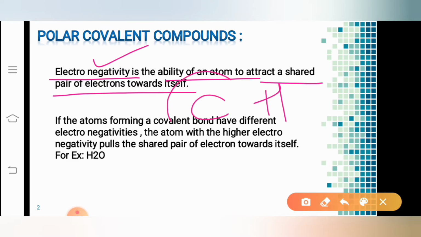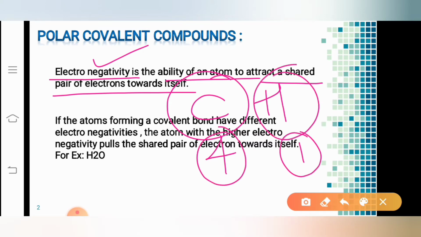So, you know that carbon has 4 valence electrons, correct? And hydrogen has 1 valence electron. And the bond which is formed between them is the covalent bond. Now the atom which has the higher electronegativity has more capacity to attract the shared pair of electrons towards itself.